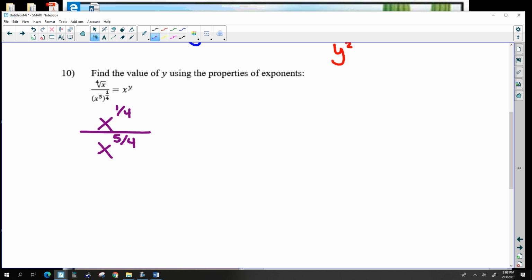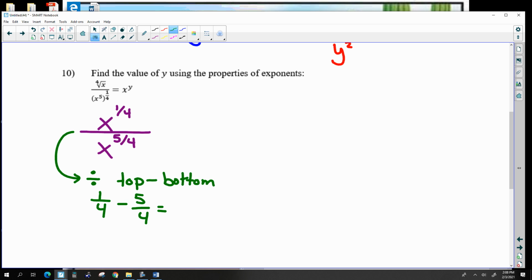If you recall from last chapter, a division is the top minus the bottom as far as exponents are concerned. In the world of exponents, that would be the top minus the bottom. So in this world, that would be 1/4 minus 5/4. So that yields -4/4, aka -1.